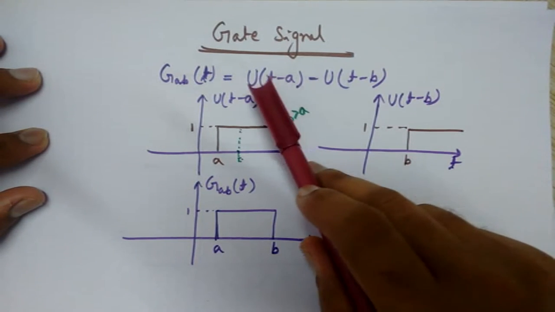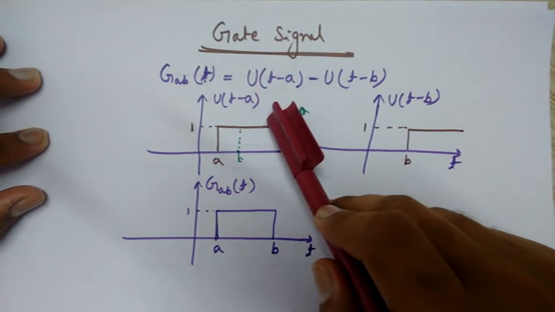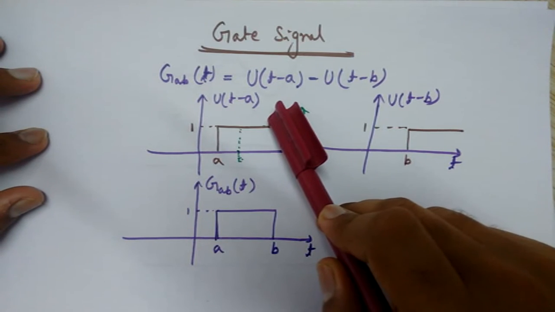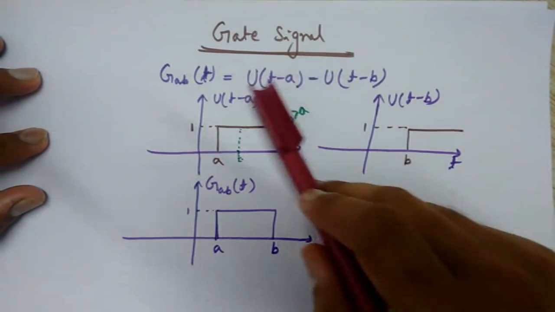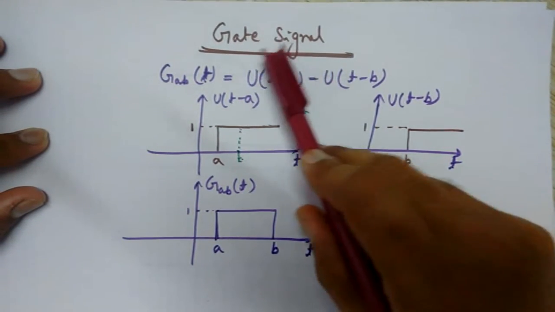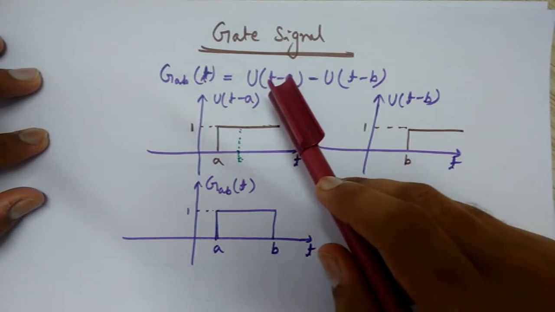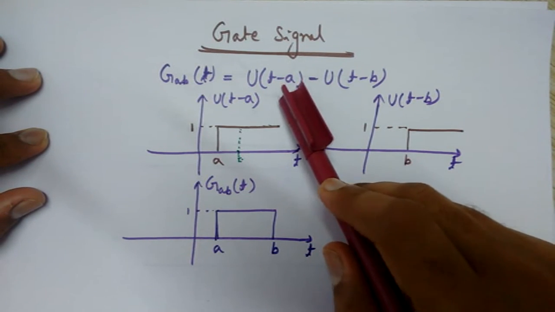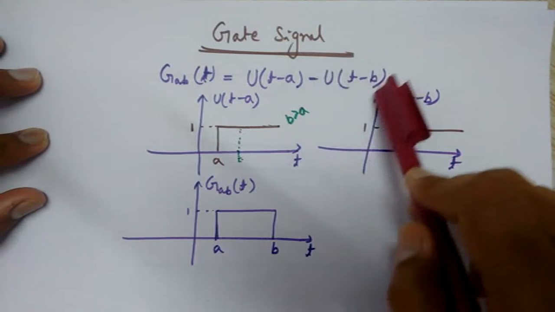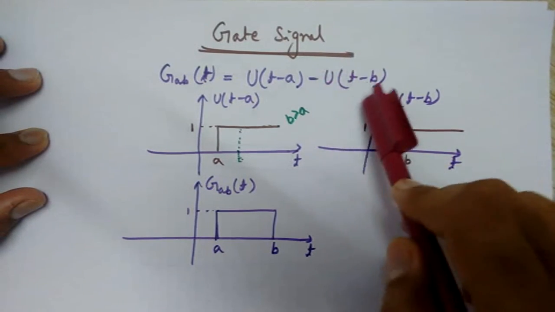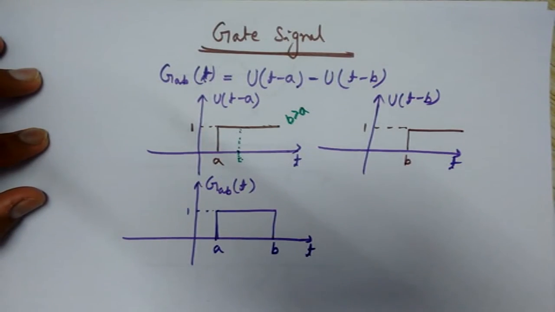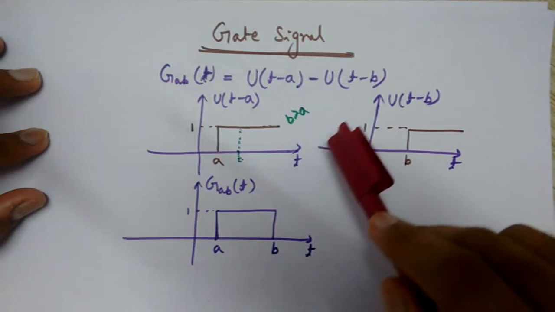So this u denotes the unit step signal. We have seen them. u(t minus a) means the unit step signal shifted by a, and this is the unit step signal shifted by b. a and b are constants.